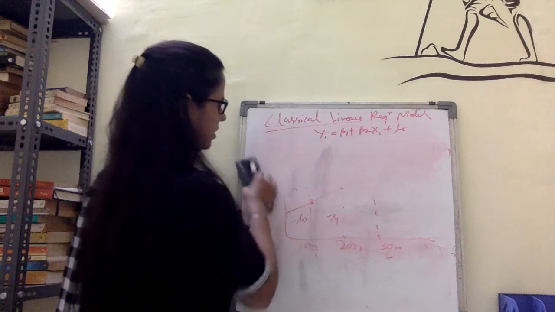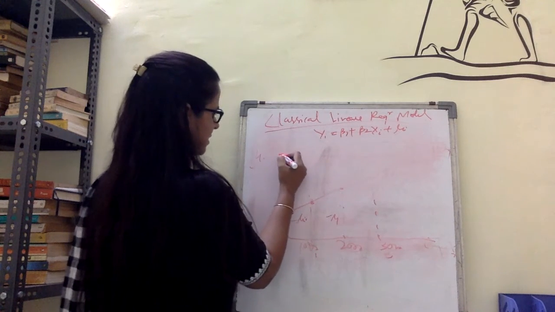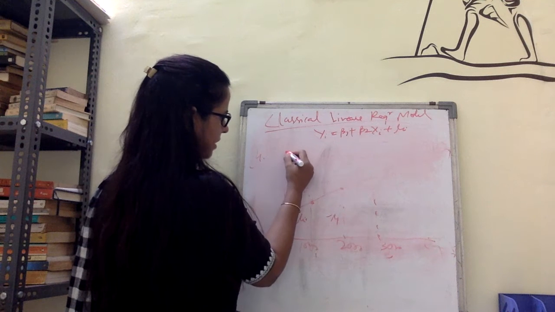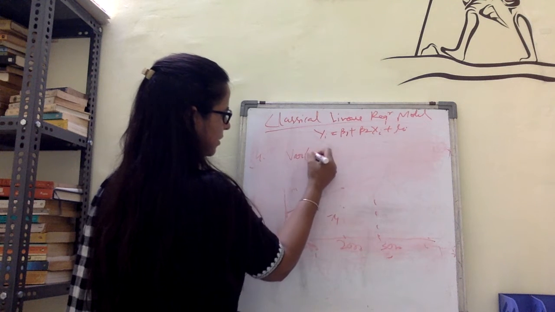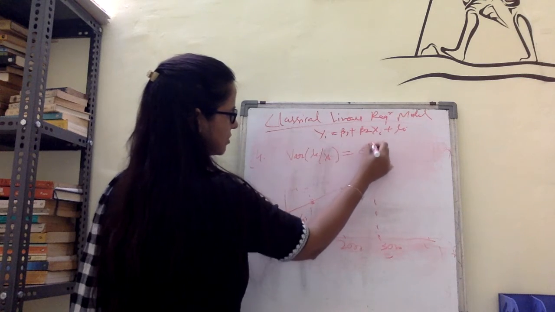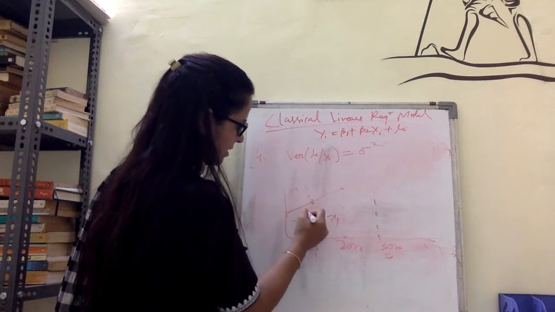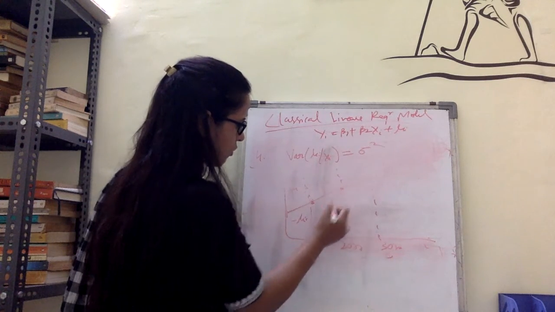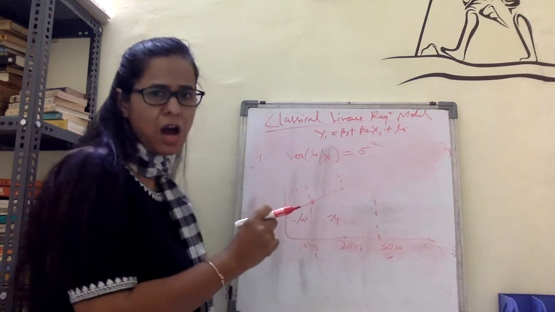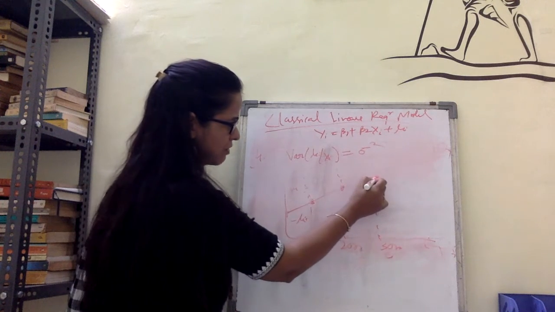Now the fourth assumption. Fourth assumption is again about the error term. The variance of the error term given xi is some constant. As I told you, these are the error terms. Variance means the spread, how much it is spread across this average value.